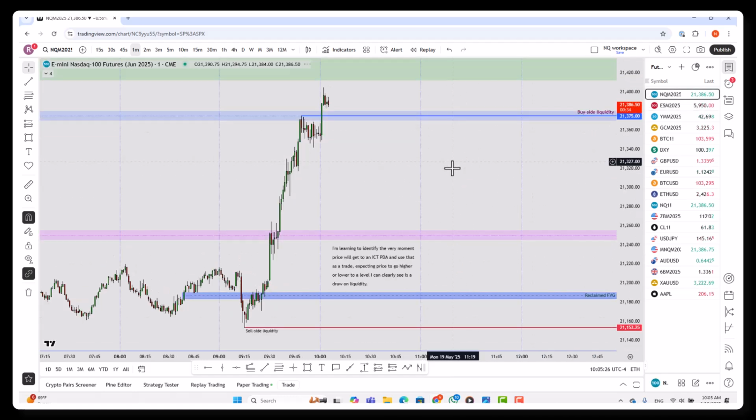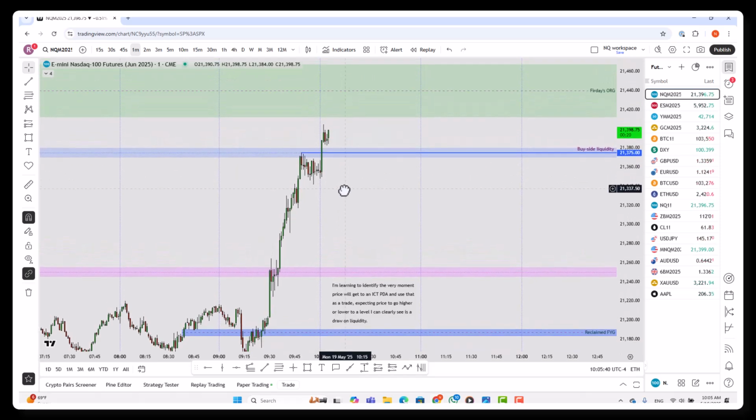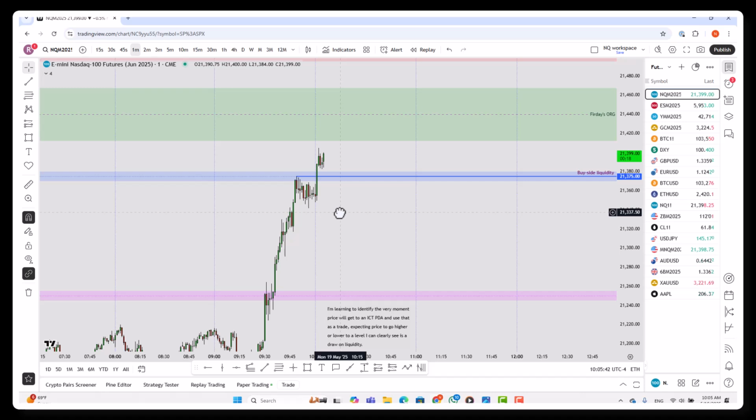Back to NQ. Here is the gap. So technically, they should send prices higher again. Remember, we said Friday's opening range gap was the draw on liquidity.